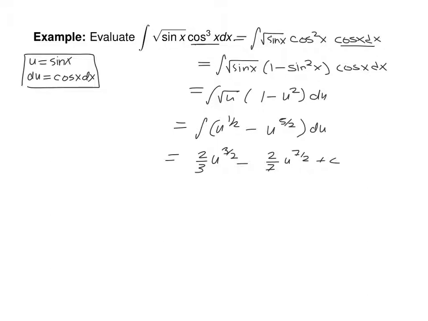Go ahead and plug back in your substitution. And we have 2/3 sine of x to the 3 halves, minus 2/7 sine of x to the 7 halves, plus c.